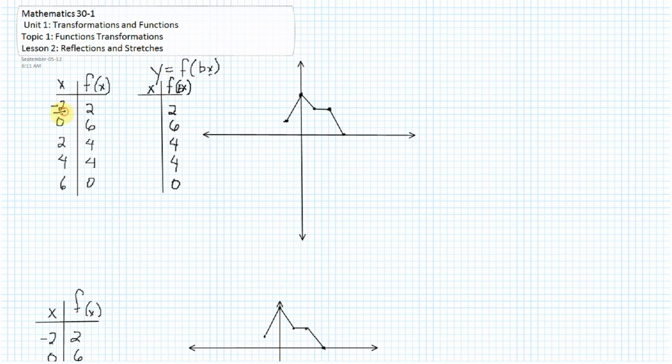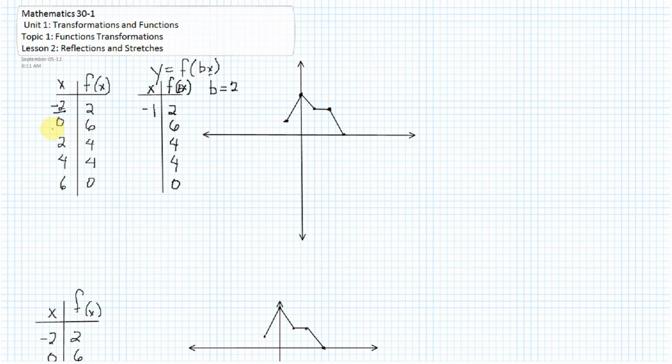So if I started with -2, -2 gives me +2. If my b value is going to be 2, I need to have a -1. So -1 times 2 gives me that -2, and I then will get my output of 2.